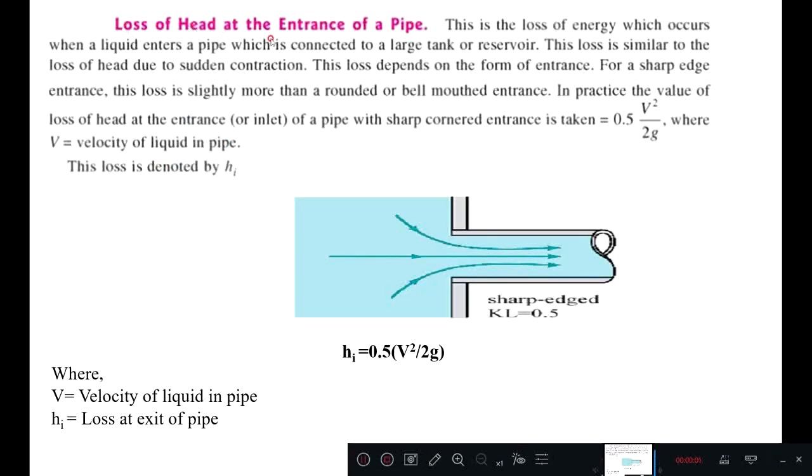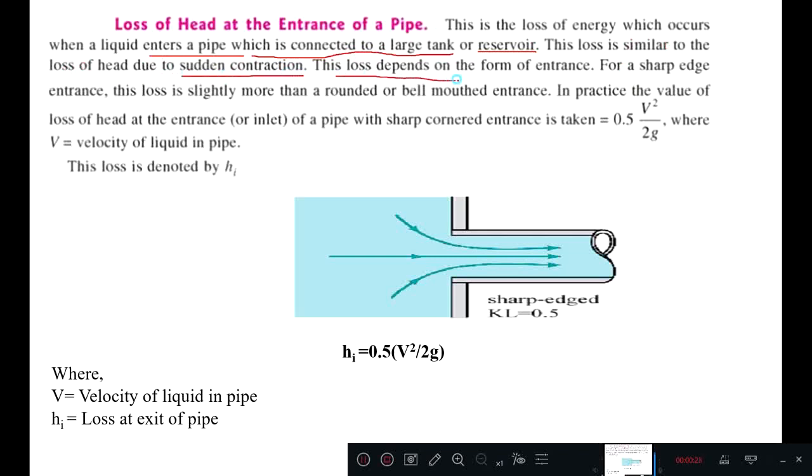Now here, the loss of head at the entrance of the pipe. So this is also one more type of minor energy loss. This is the loss of energy which occurs when a liquid enters a pipe which is connected to a large tank or a reservoir. This loss is similar to the loss of head due to sudden contraction.